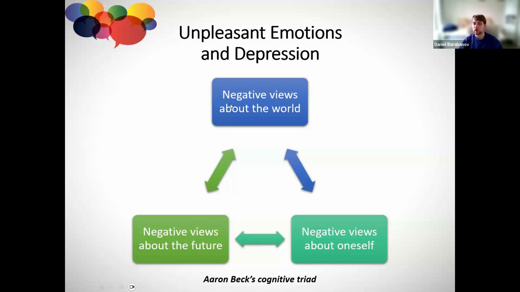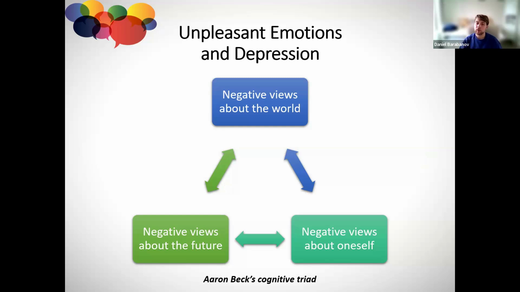And they also suppose that the world itself is also bad and hostile towards them. And when you think about all your environment and life in those categories, you are bad, the world is bad, and the future is bad, it creates this cognitive triad of depression, which makes people depressed and does not allow them to exit this unfortunate triangle.